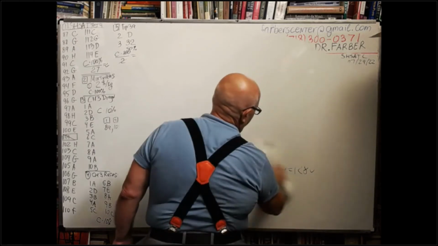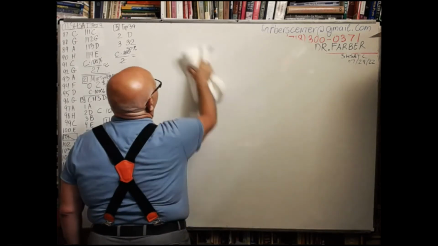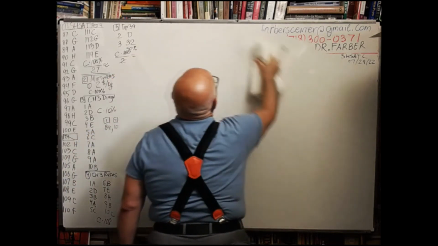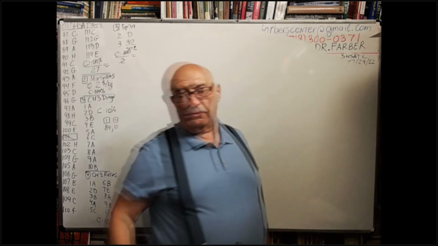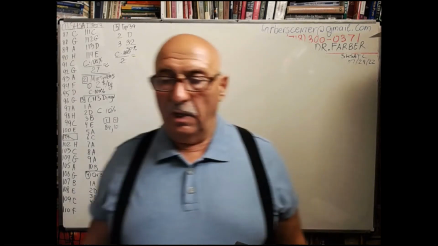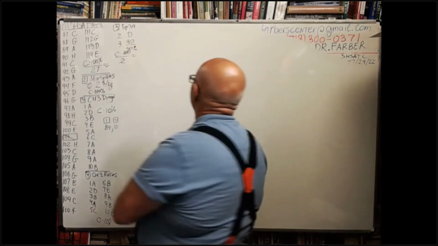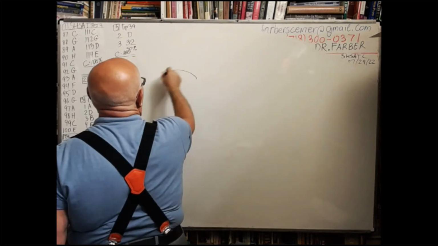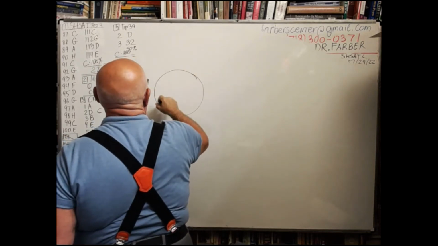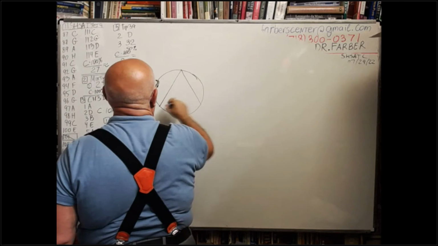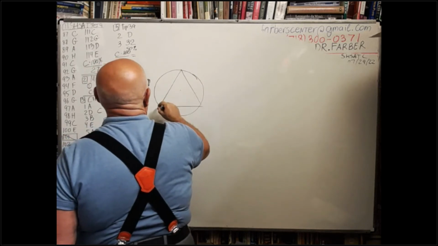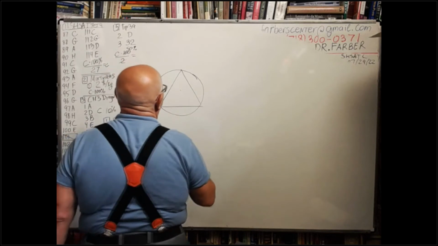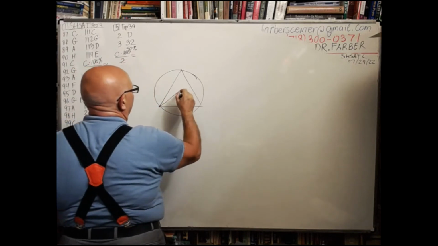Again, students, many times they have mistakes. Last year I gave a student problem with shaded area. Imagine they have a circle with an inscribed triangle, and they ask you to find this part of the shaded area.